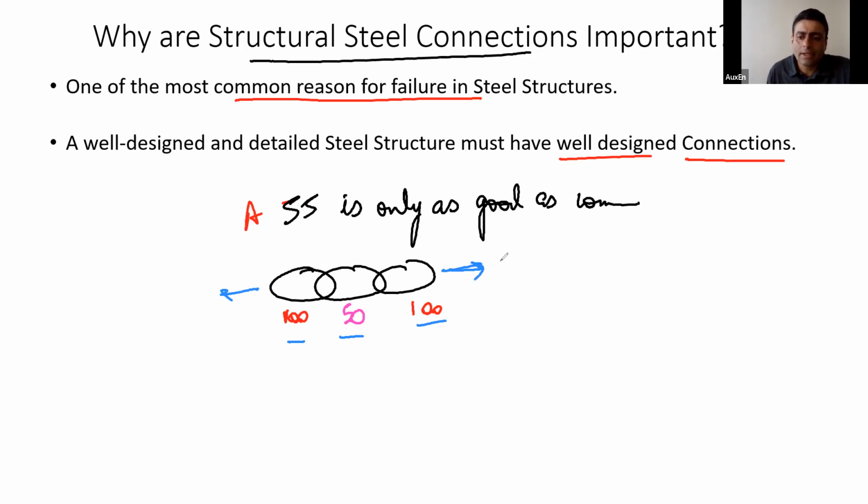This chain link will break at any force more than 50. I hope you agree. As soon as this crosses 50, you will see a failure happening in this particular link.